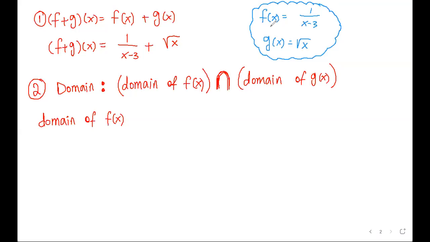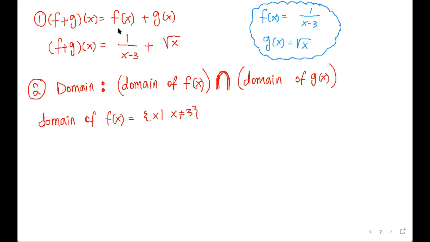If I plug in any number except 3, the function will work perfectly. So the domain for f(x) is x such that x not equal to 3. This means all the elements except number 3.